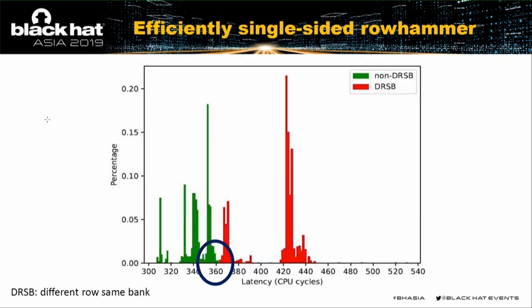Also, on this Lenovo machine, 100% of the pairs in the same bank have more than 360 cycles, and more than 99% of the pairs in the different banks have less than 360 cycles. So based on this latency, we can select the addresses more wisely.